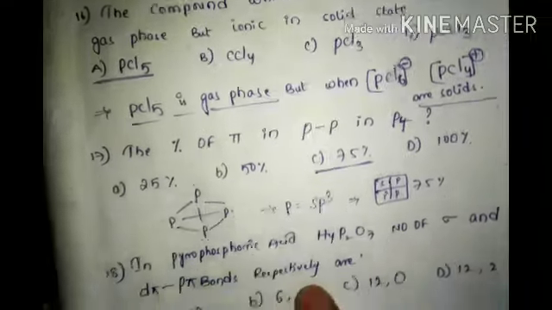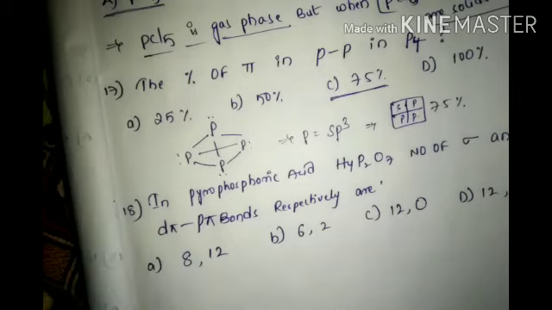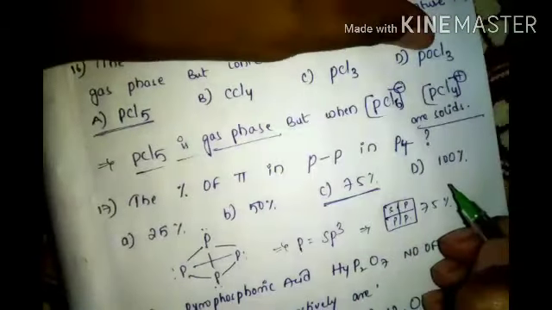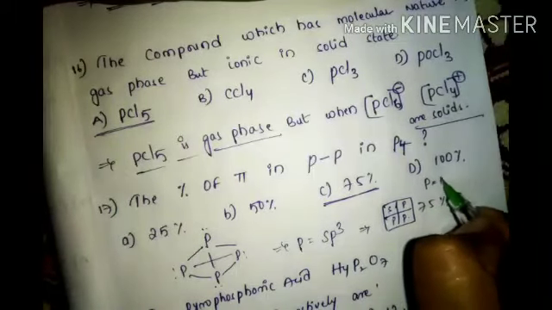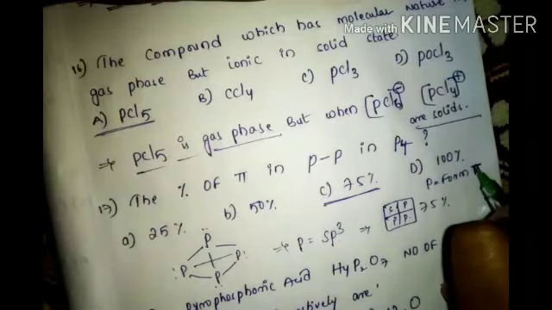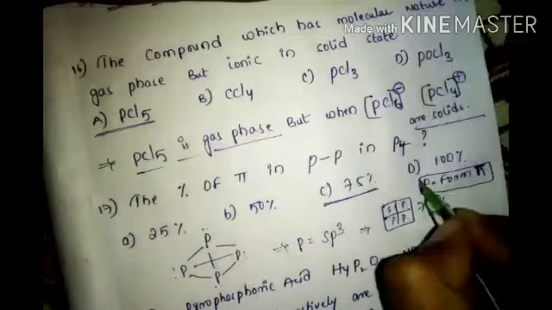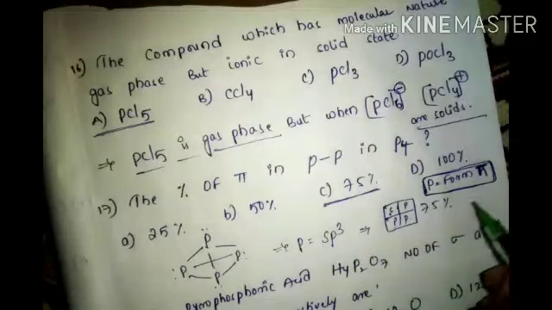Okay, next, the 18th one. I think you have not understood this. Here, S orbitals form sigma, p orbitals form pi.